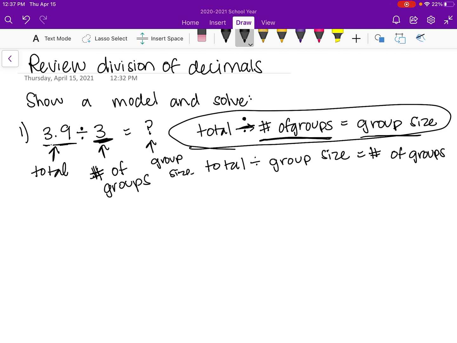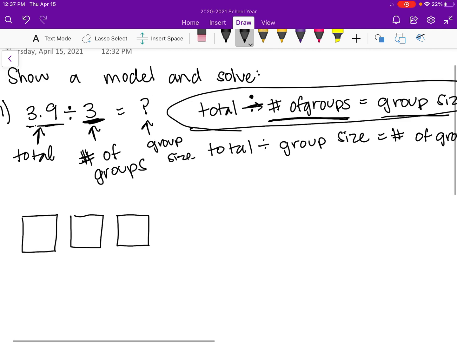So to solve the problem, I'm going to start by drawing the total using drawings of base 10 blocks. So I have 3 wholes, and for my wholes, I would have just the base 10 blocks. If you actually have them, it would look something like this. There would be 100 little tiny pieces, but it's just the flat. So this represents my whole.